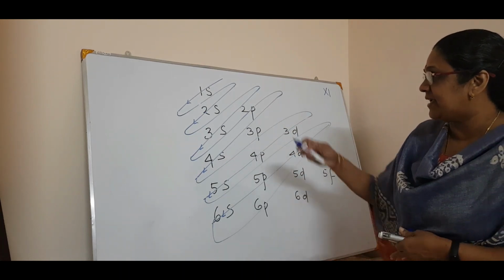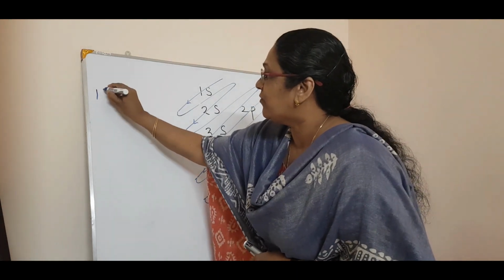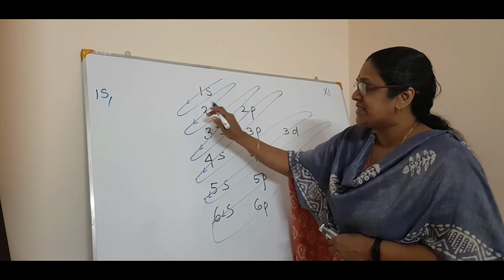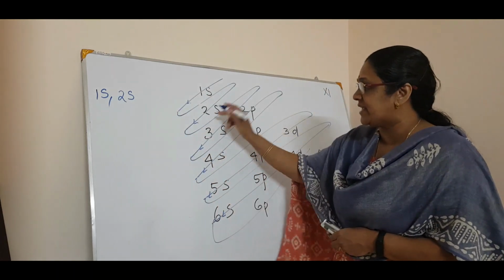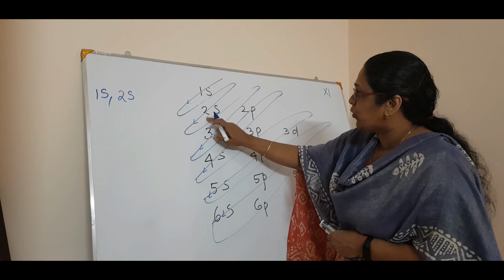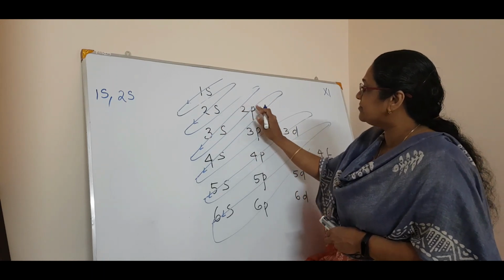Now I will write here. I can write 1s. Then after 1s, what is it? 2s. So energy is increasing. Then comes 2p.